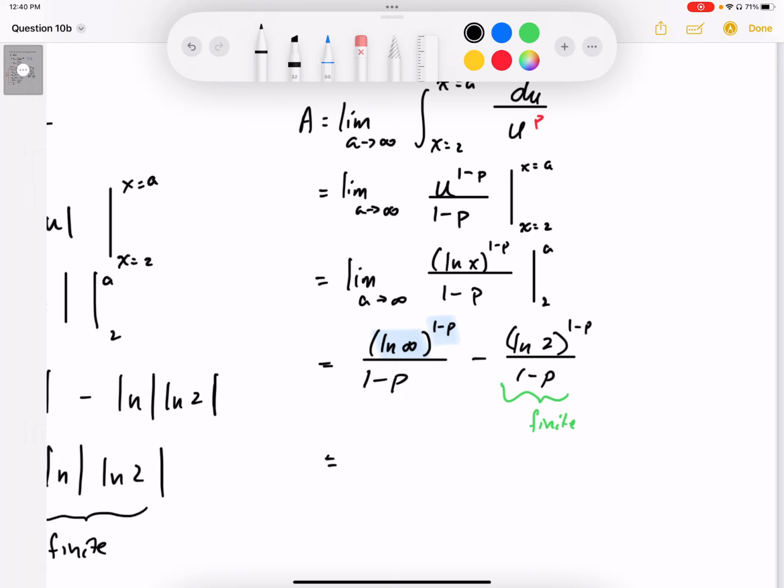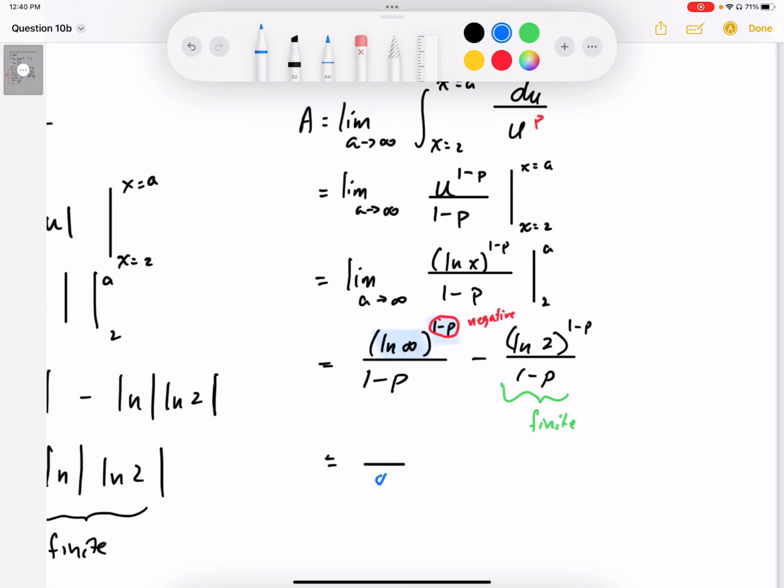If log infinity is infinity, and since p is greater than 1, this exponent here is going to be negative. A negative exponent means that expression is going to be in the denominator. So we end up with that infinity in the denominator.